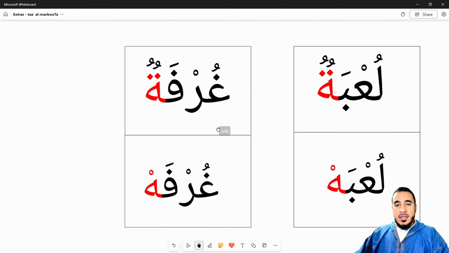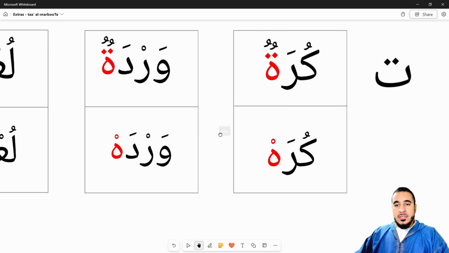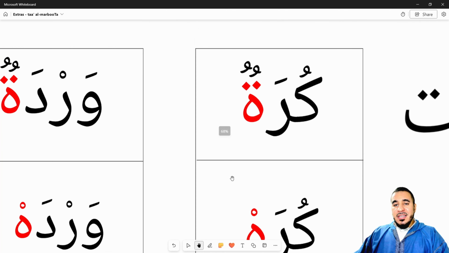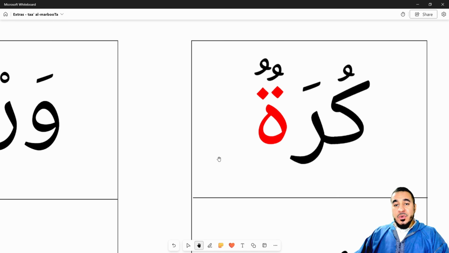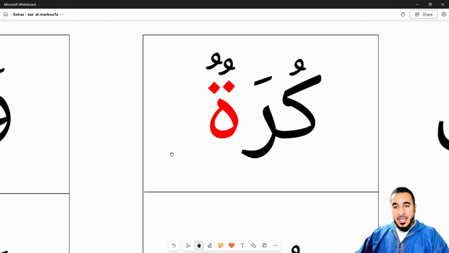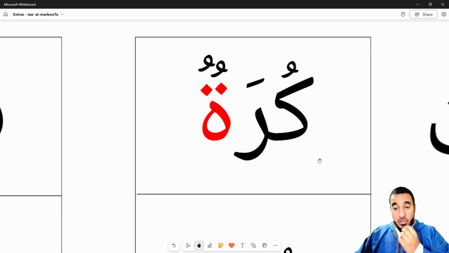And then something also very important is when any of these words ends with a ta al-marbuta, okay, and we stop on that word, meaning you've said a whole sentence, for example, and the last word you said in your speech is the word kuratun, then we wouldn't actually pronounce the haraka on the end of that word, okay?